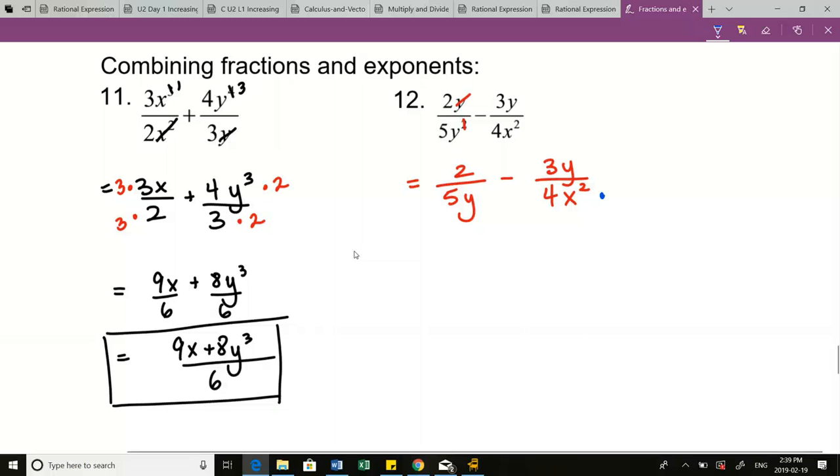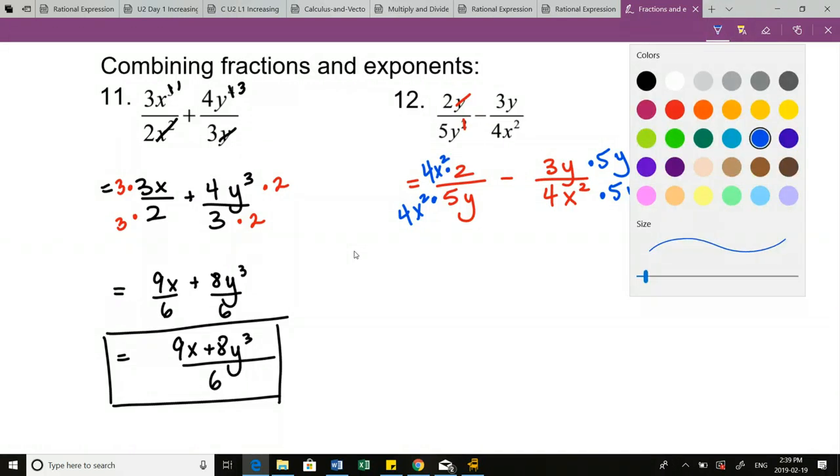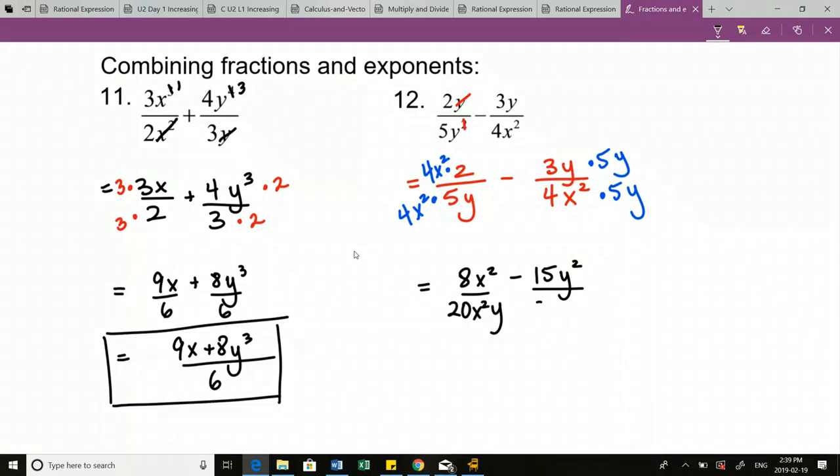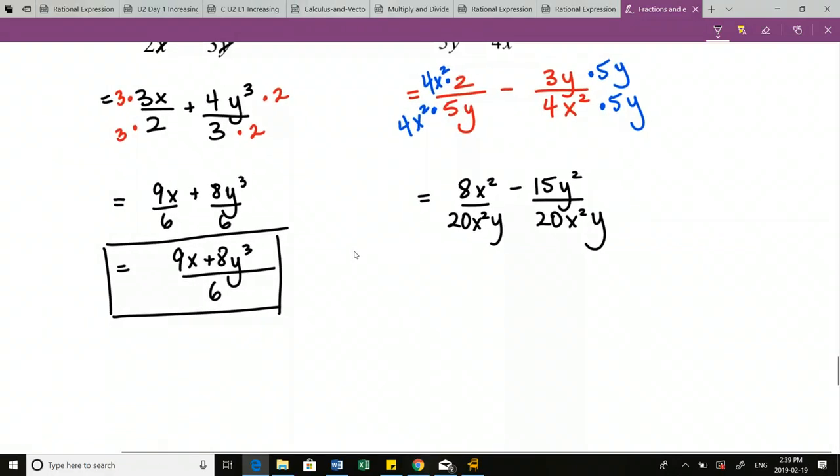So what I'm going to have to do here is multiply the top and bottom by 5y on the right-hand side, and this guy I want to multiply by 4x squared, so that my full common denominator is 20x squared y. Okay, and then I'm just going to merge these guys into one fraction here.